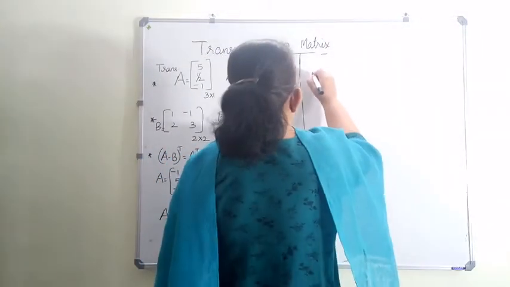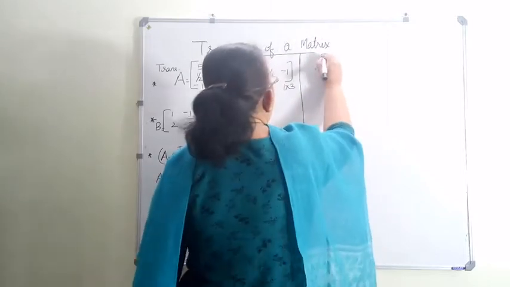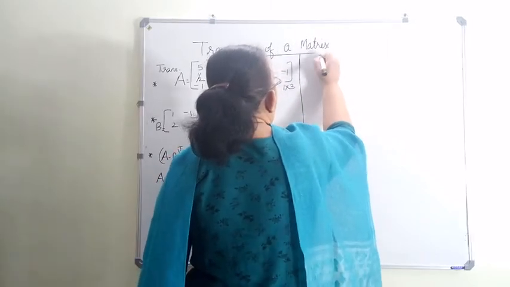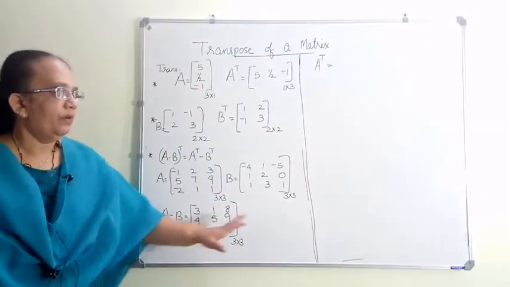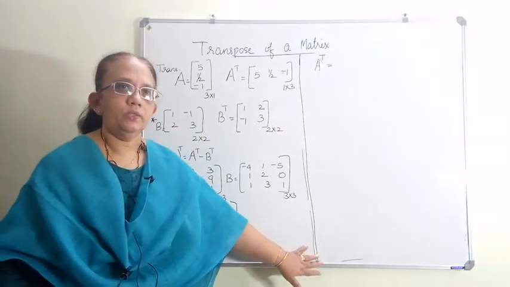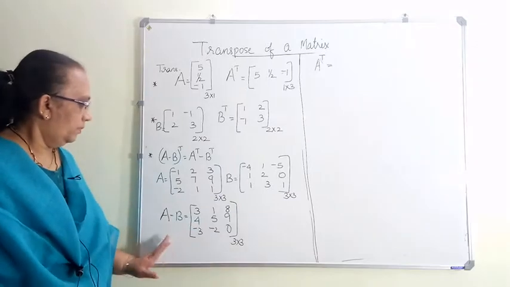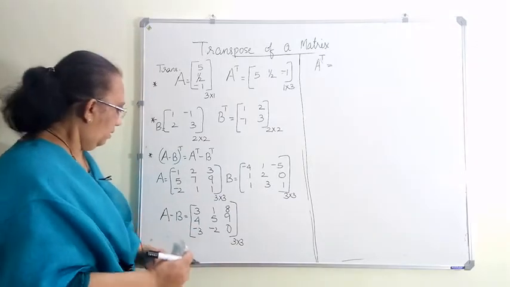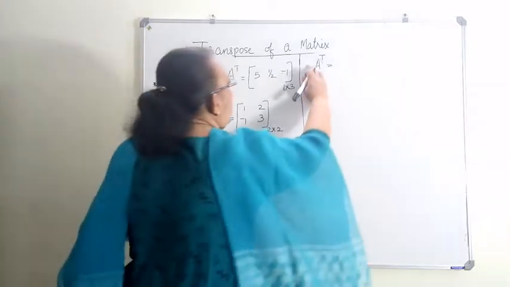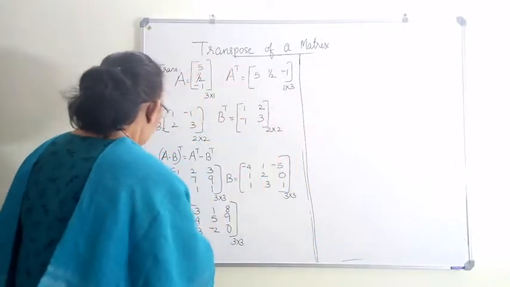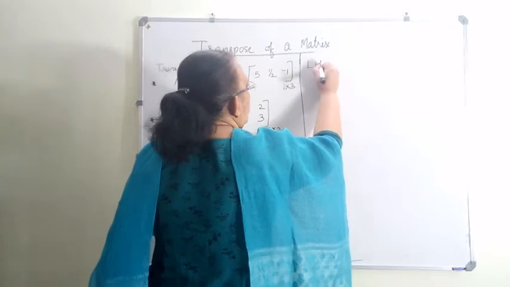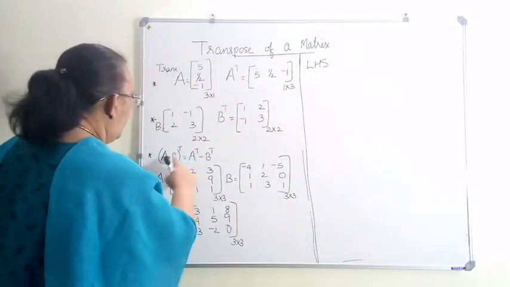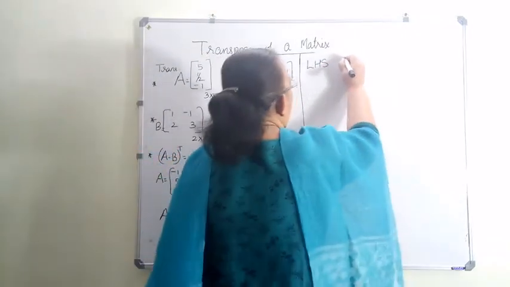So, you have to find out what is A transpose. Since you have done along with me, even if I stand here, I think there is no problem. One more thing we forgot. Sorry. What is the LHS? (A - B) the whole transpose.